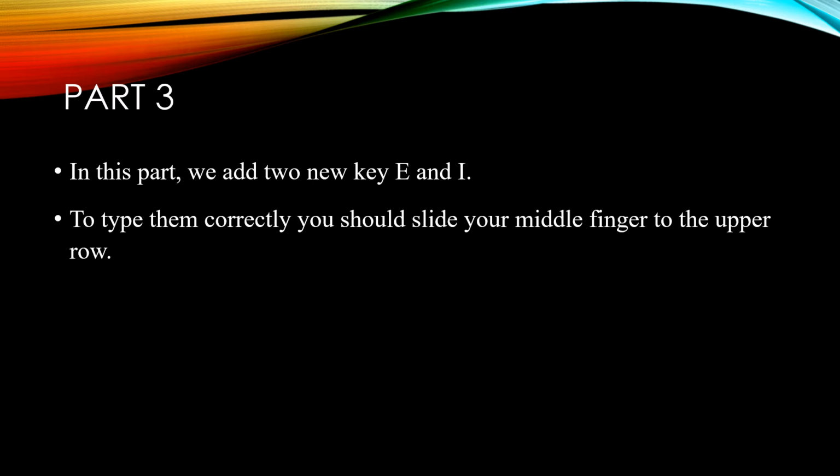So let us move ahead, and today we will study how to press the alphabets E and I. In this part, we have added two new keys, E and I, which are above the home keys. To type them correctly, you should slide your middle finger to the upper row.